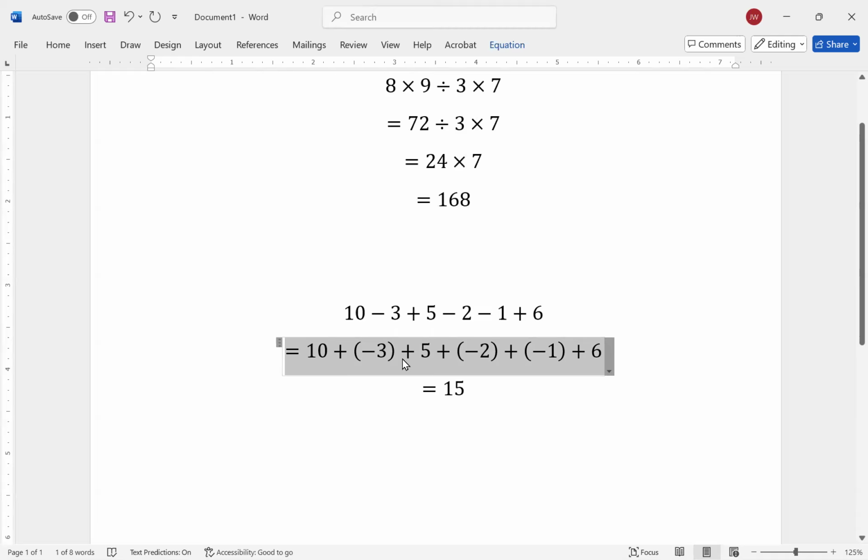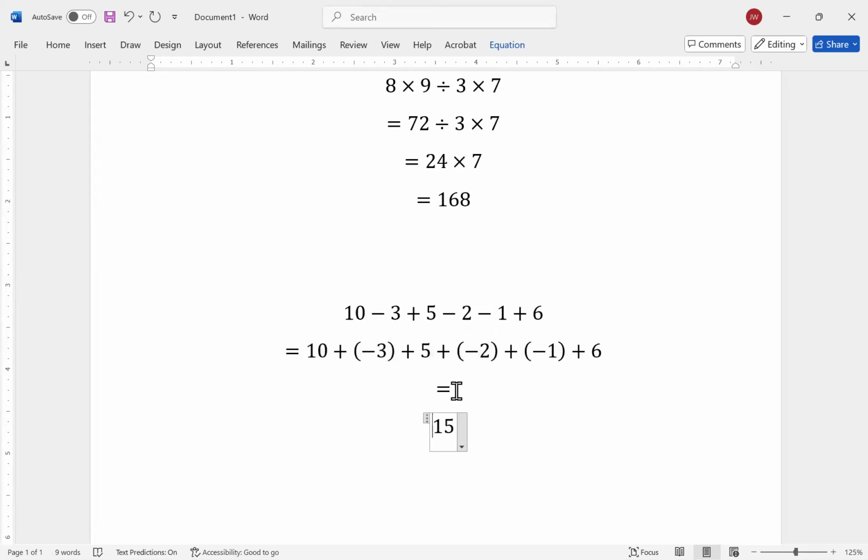I can still go left to right, but I can also think of 5 plus negative 2 minus 1 plus 6 and simplify that whole thing. And then I get 10 plus negative 3 plus 8.